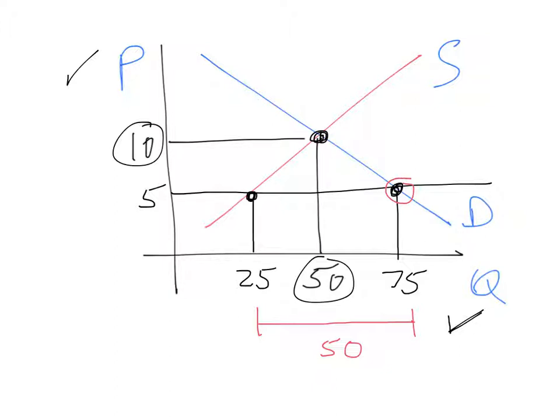So we have 50 people looking for rides who can't find them because of this low price of $5. The bottom line is the people who are out there driving around looking for fares are only willing and able to pick up 25 rides at that low price. The other drivers have gone home or they're just not working that night because of the low price.